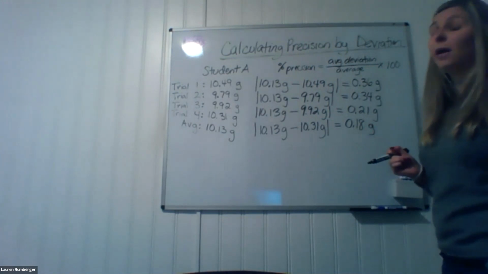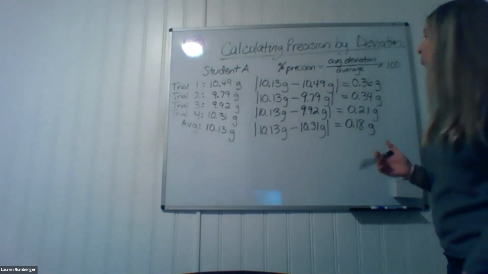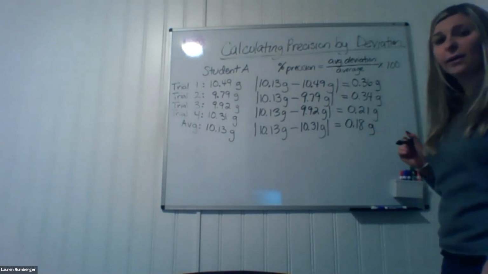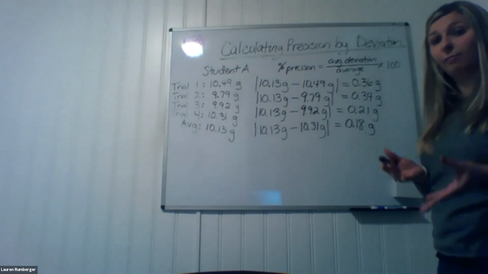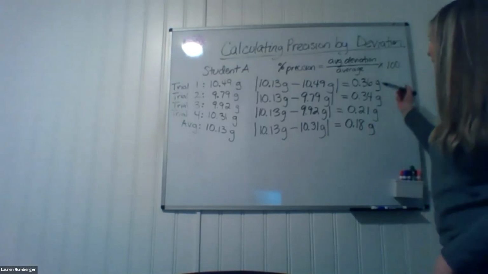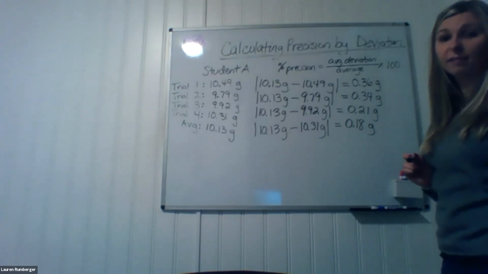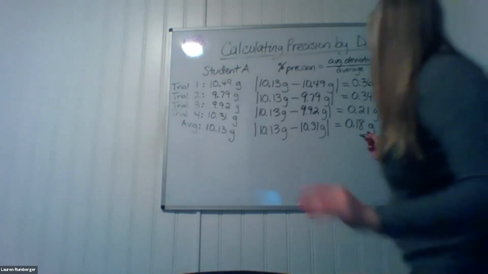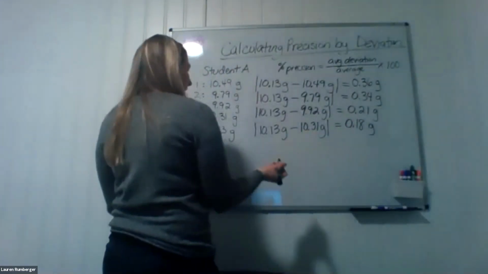So once you have each of the deviations for the 4 trials, we're going to average those 4 trials together. In order to take an average, we add together each trial and divide by the number of measurements. So in this case, it is 4 trials. So we're going to add each one of these and divide by 4. So I will write this all out here.